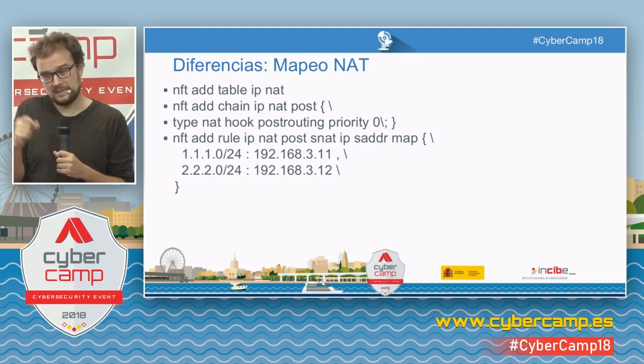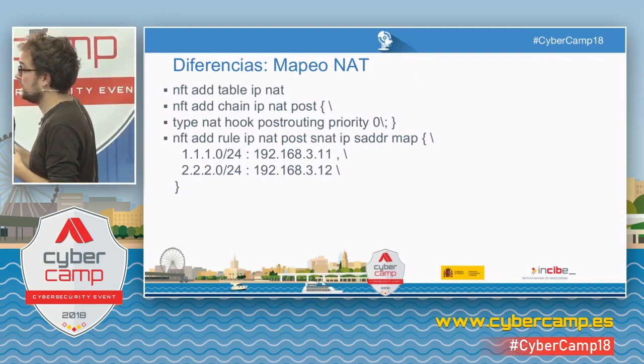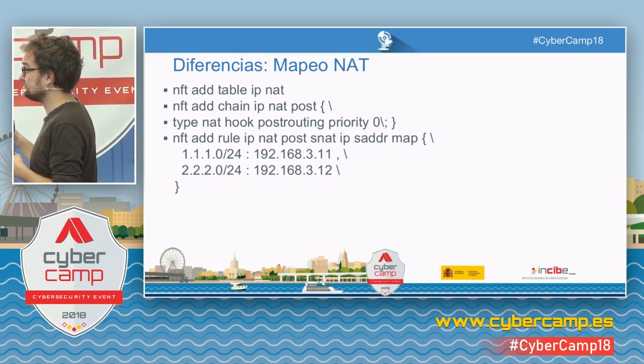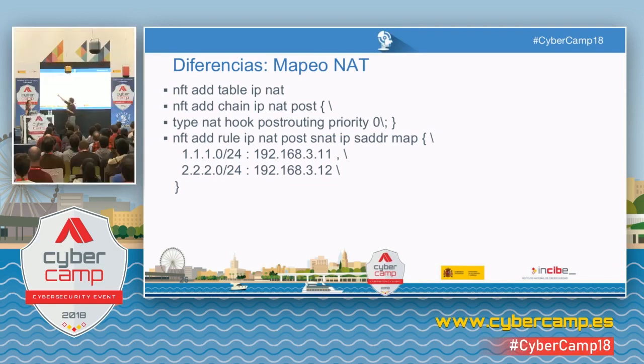The set infrastructure allows for maps and dictionaries. I'll explain that. With this map, we define a map where the left side is what will be matching, and what we are matching is the source IP. This is a source NAT, which is a conditional one based on the source IP, and this is explained here.